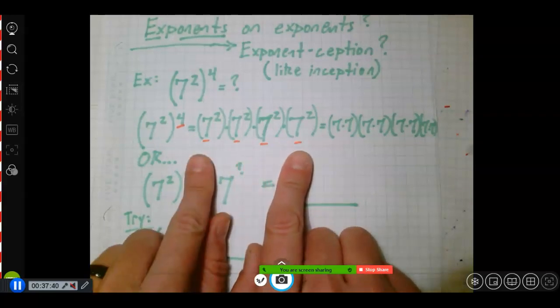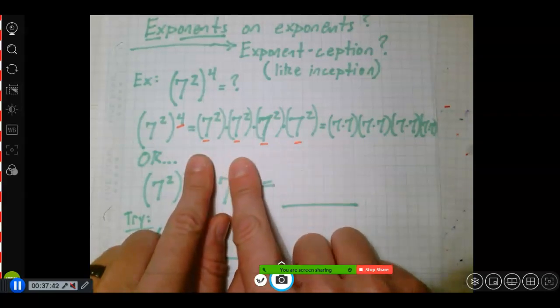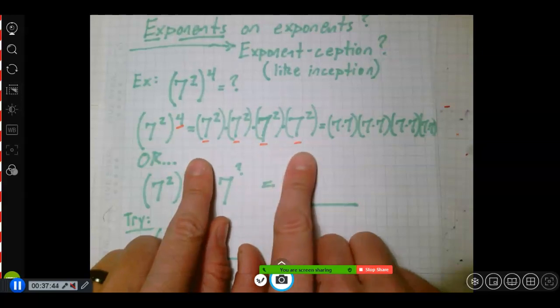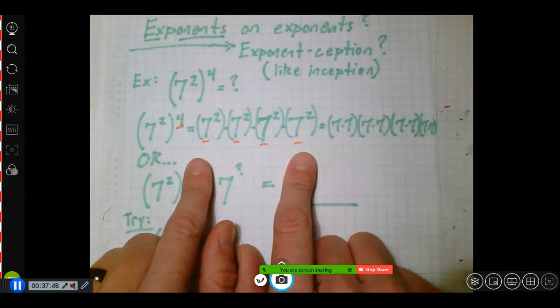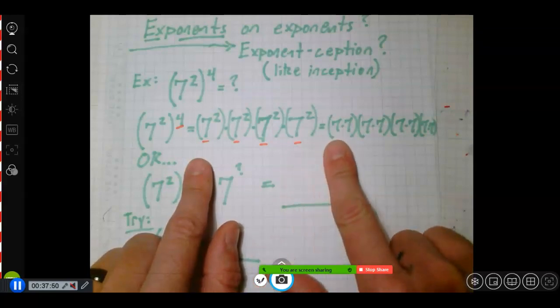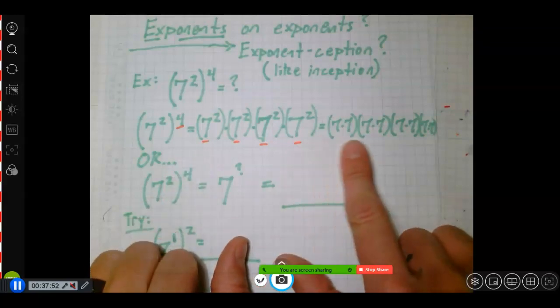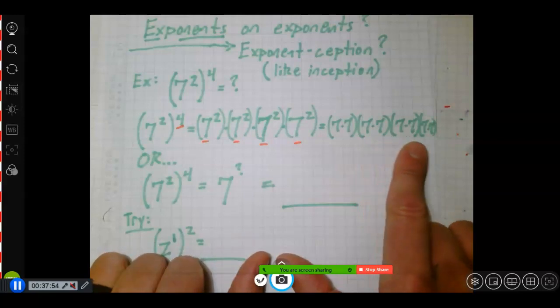So I have 7 squared times 7 squared times 7 squared times 7 squared. And we know every 7 squared is 7 times 7. So I really have 7 times 7, 7 times 7, 7 times 7, 7 times 7, all multiplied to each other.